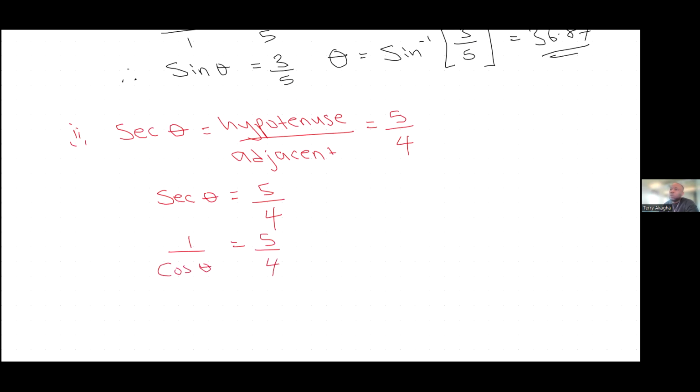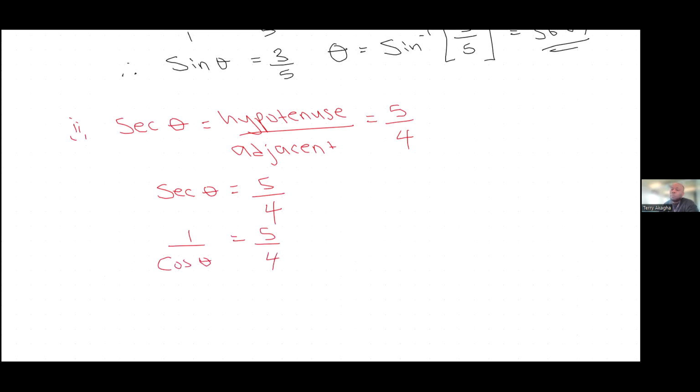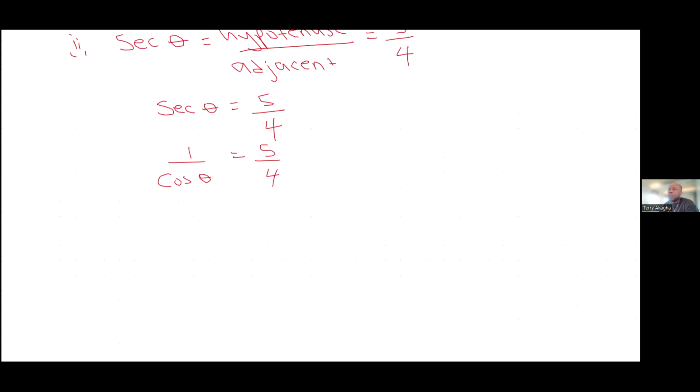I'm looking for theta, so I'm going to flip the left-hand side and also flip the right-hand side. So cos theta divided by 1 will be equal to what? 4 divided by 5. So therefore, I can now say cos theta will be equal to 4 over 5.